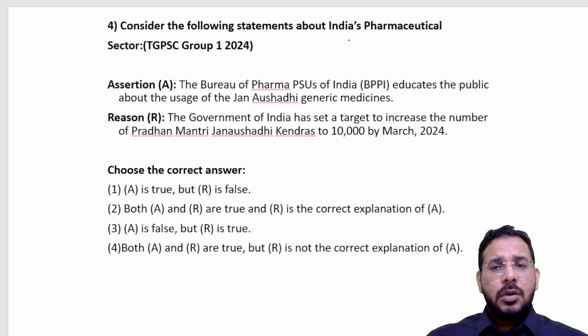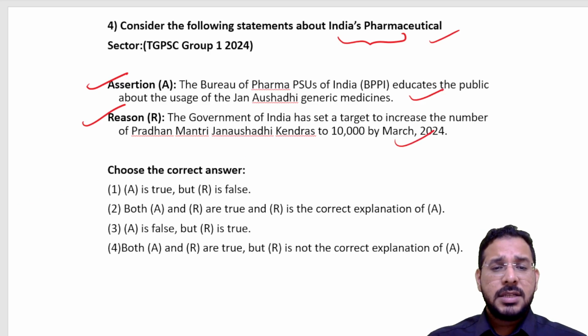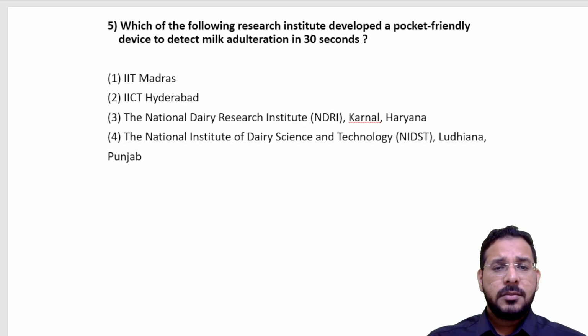Then a question on India's schemes, etc. Like Indian pharmaceutical sector, it has given an assertion and reasoning. We have to look at those assertion reasoning, and we have to answer if the statements are correct and are they explaining each other.